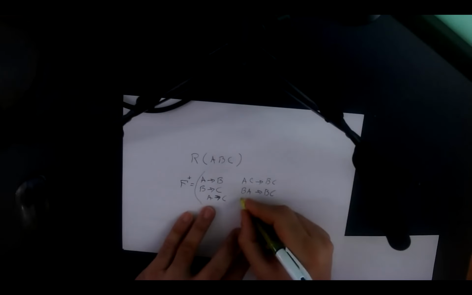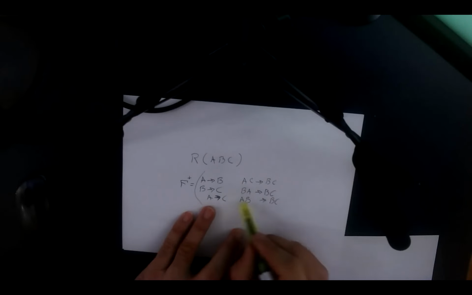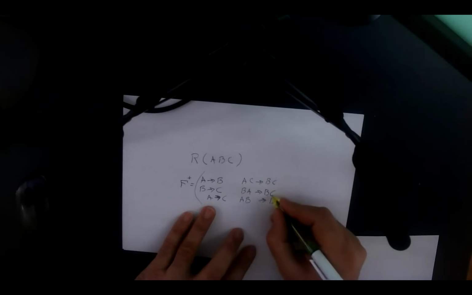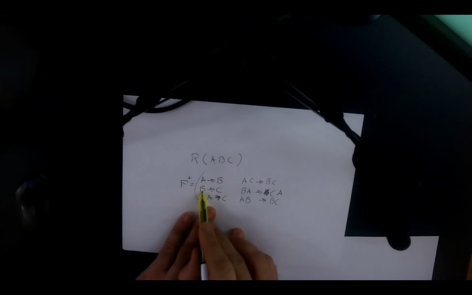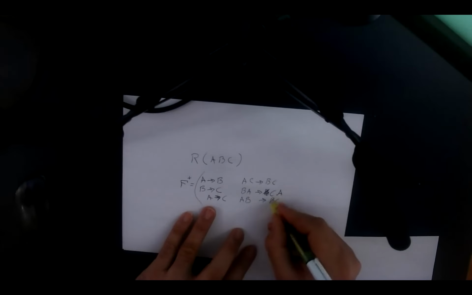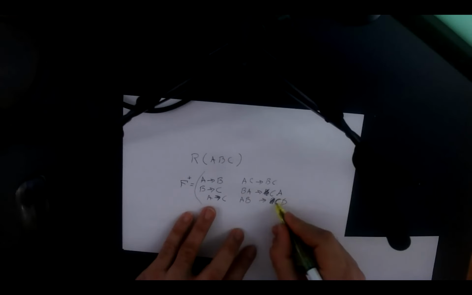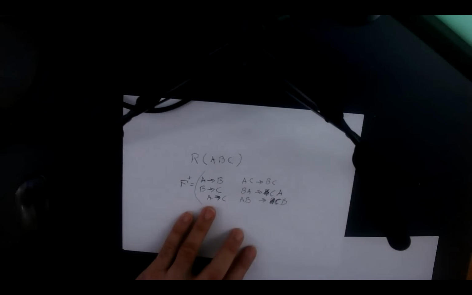If A goes to C, then AB goes to BC, which is just a variation of that one. I'm sorry, I did this one wrong. When I was doing the augmentation, BA goes to CA, AB goes to CB. I'll do it in the standard way. So those are all the ones by augmentation.